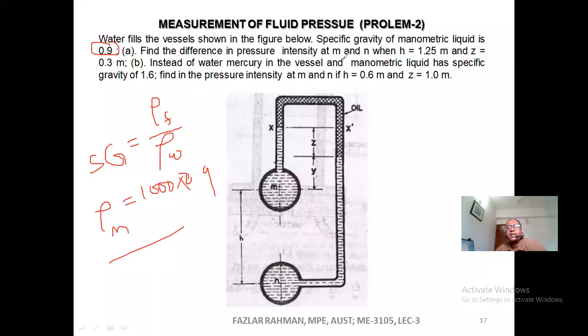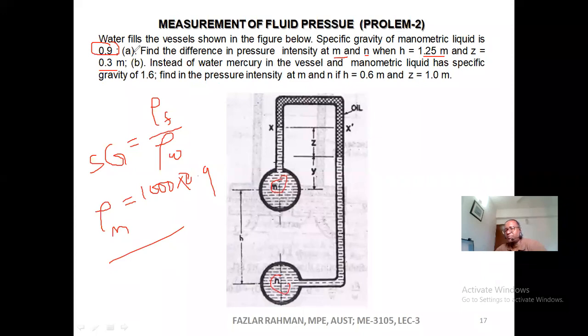Difference in pressure intensity. Fine. You need to find the pressure intensity at points M and N, that means tanks M and N, when height H equals 1.5 meter, Z equals 0.3, and the Y value is not given.